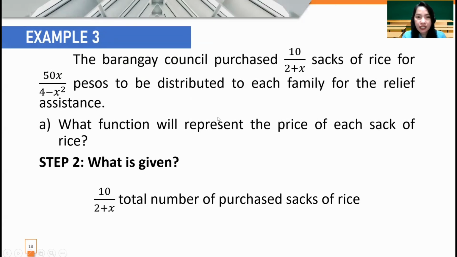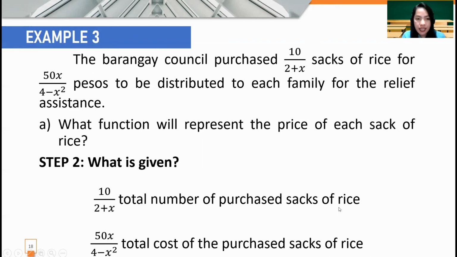We have to take note that here in the problem, 10 over 2 plus x, this one will represent the number of sacks of rice. It's the total number of purchased sacks of rice. Sa cost naman, or yung kakabili dito sa total number of purchased sacks of rice, that is 50x all over 4 minus x squared, which is the total cost of the purchased sacks of rice.